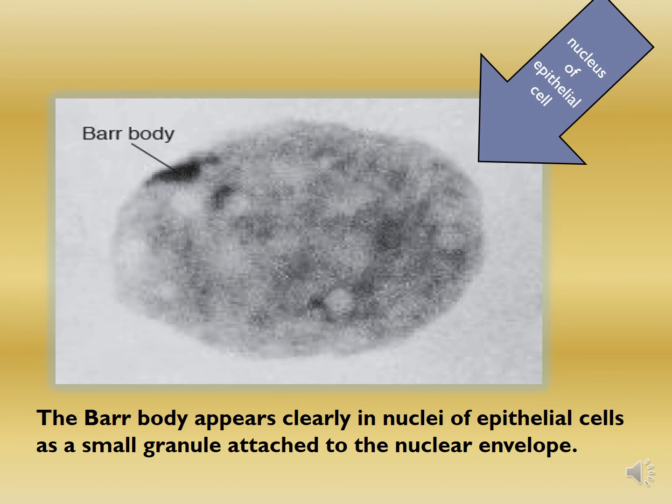The bar body appears clearly in the nuclei of epithelial cells, which appear as small granules directly staining that are attached to the nuclear envelope. هذه nuclei or nucleus of epithelial cells.